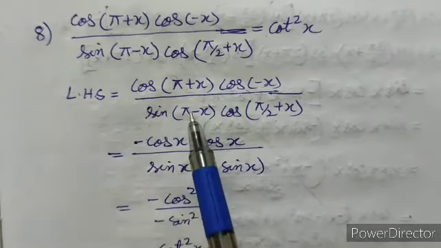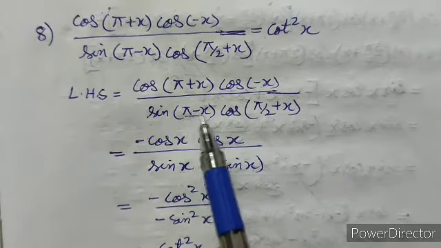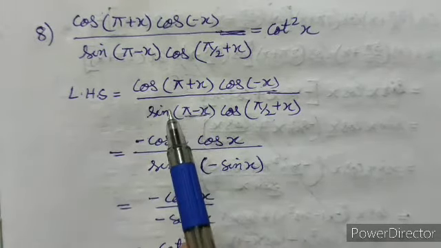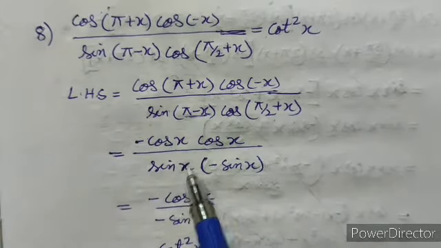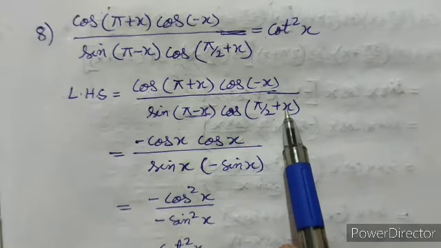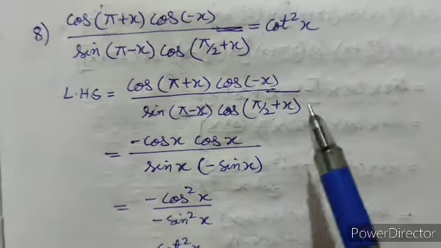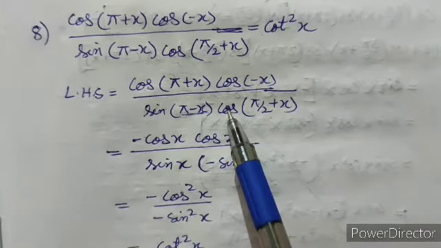Similarly, sin(π − x) lies in second quadrant and sin is positive in second quadrant. So sin(π − x) will be equal to sin x. Cos(π/2 + x) lies in second quadrant and cos is negative in second quadrant.